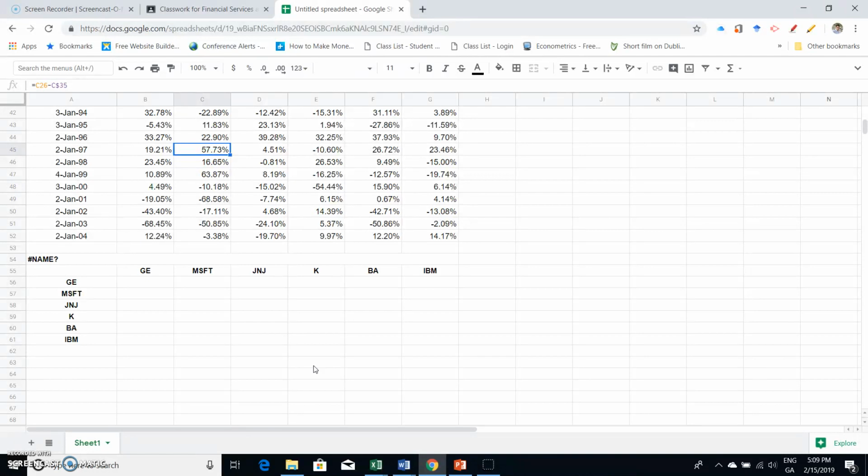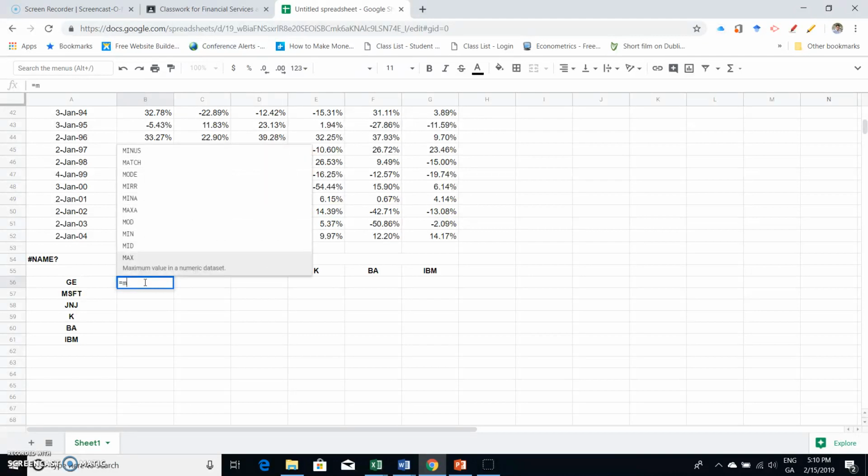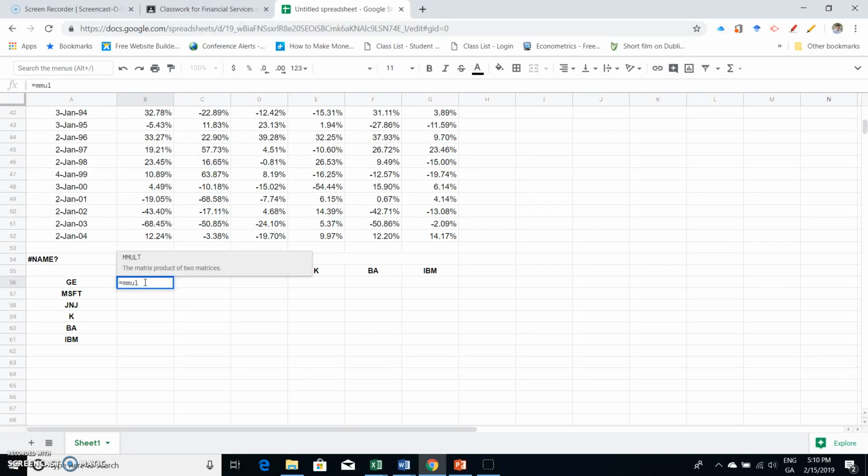Okay. So that gives us then, if you like, the excess returns, and then what remains to be done is to estimate the variance covariance matrix. Okay, so to estimate the variance covariance matrix, I actually want to multiply, right? We're going to do a matrix multiplication operation, and that's feasible, we use the same commands, function names as in Excel. And we're going to multiply two matrices.